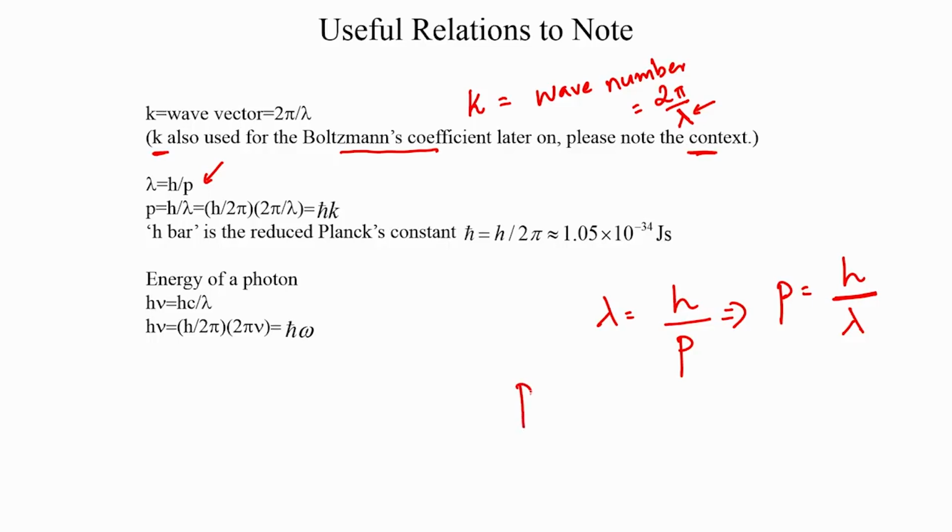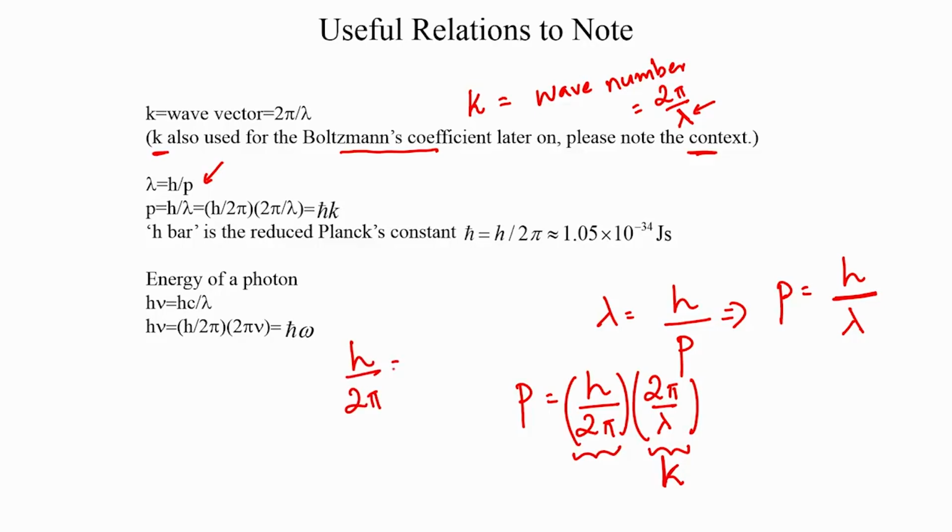Now, if you were to take this relation and divide and multiply by 2 pi, you say h by 2 pi into 2 pi by lambda is equal to your p. We see that 2 pi by lambda is k, and this term h by 2 pi is given a new definition.